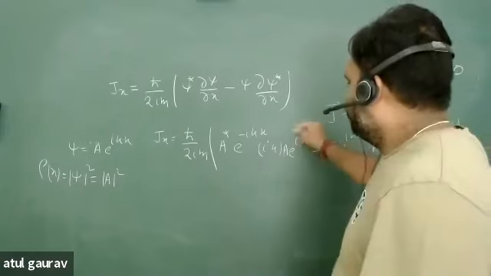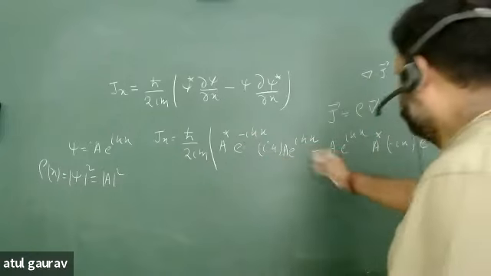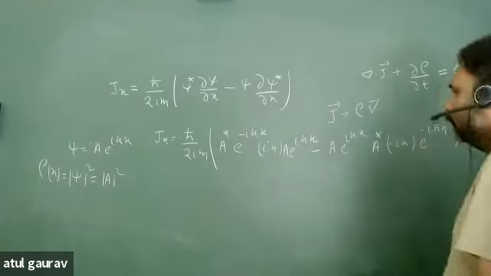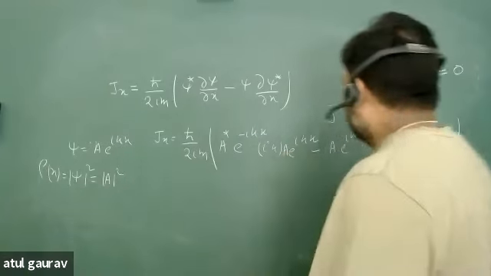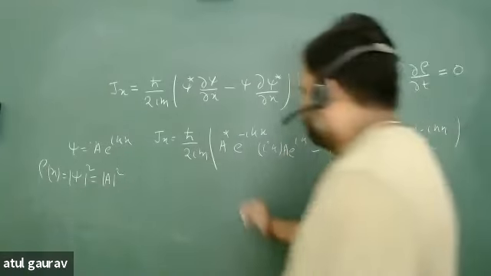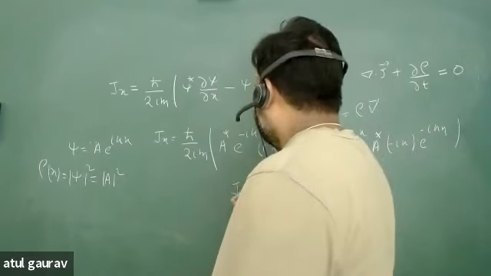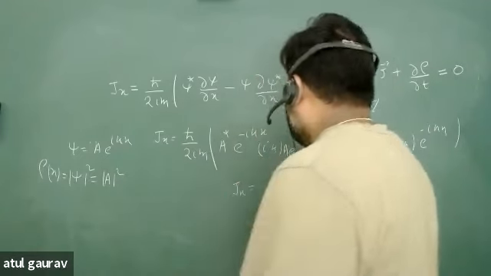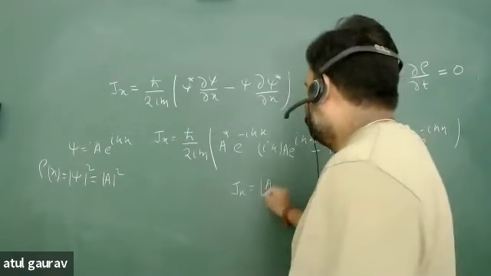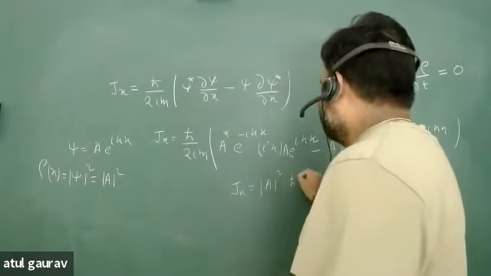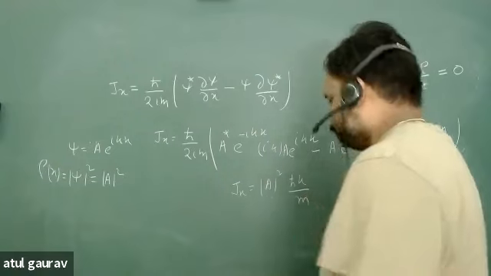So ikx and minus ikx will cancel to make it zero, and i and i will cancel out. The minus minus is plus. So you will get jx, and this will be mod a square h cut k upon m.